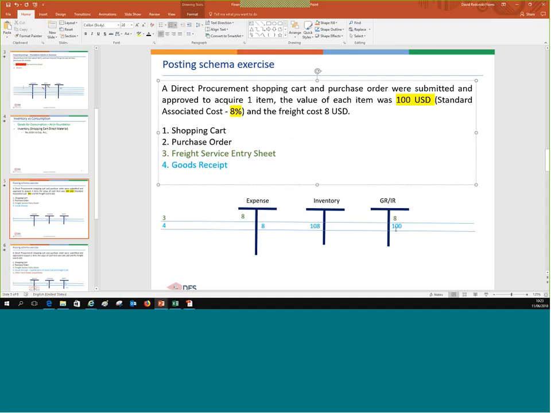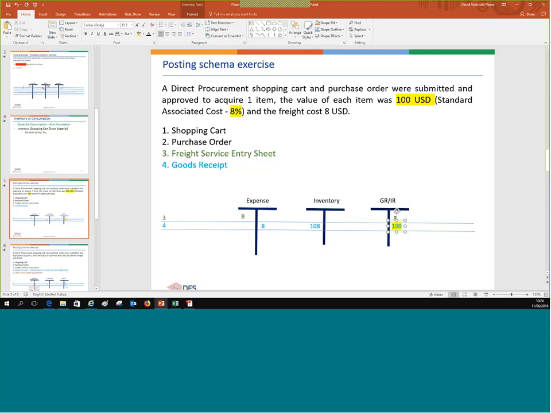To GR/IR, we will send only 100 as a credit, because this is the amount that we are going to be paying to the vendor for the item. And then the other credit of $8 will go to the expense account to net, or let's say to transfer this amount from the expense to inventory.